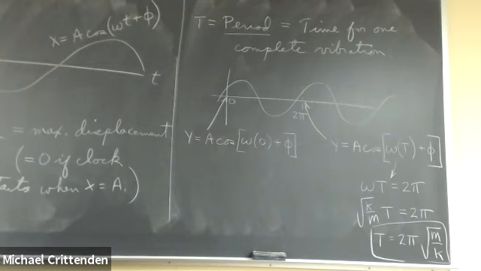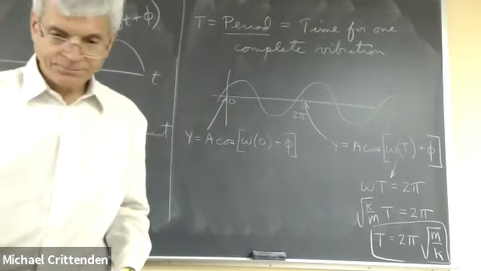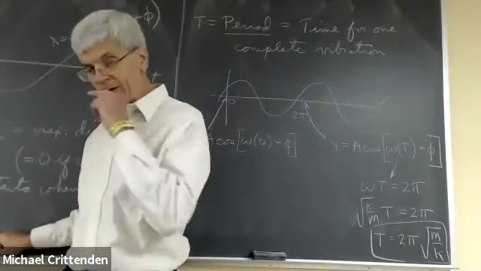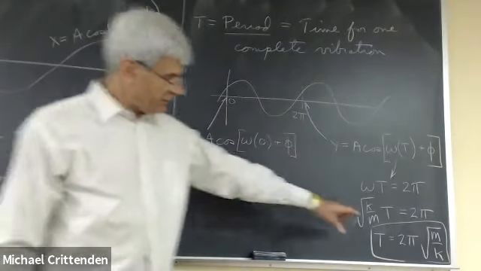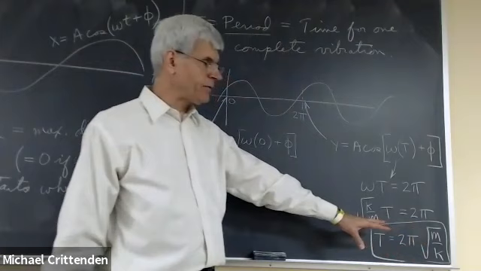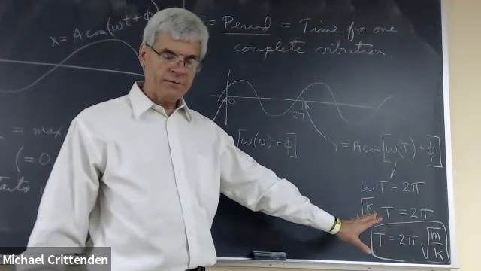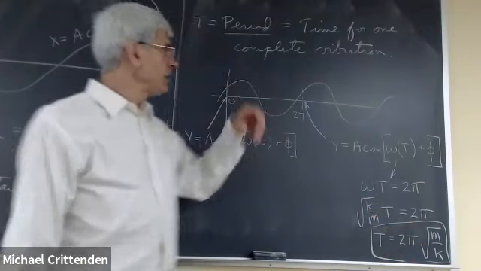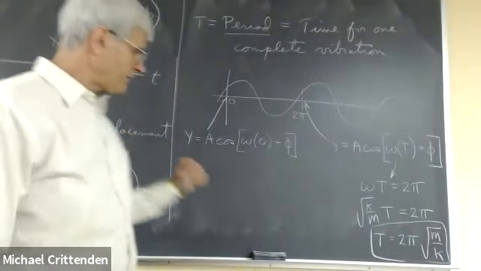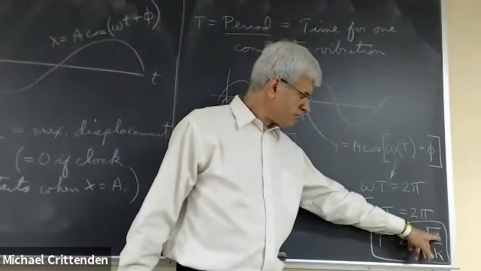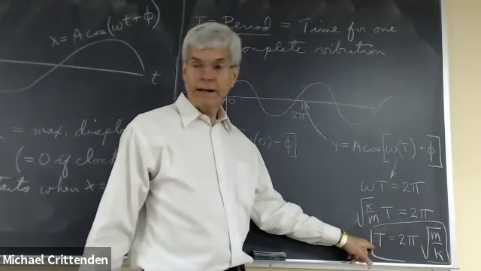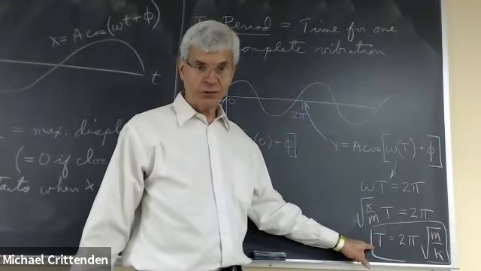Divide both sides by the square root of k, multiply both sides by the square root of m, and that solves it for the period. So the amount of time that it takes this thing to go back and forth once depends on the mass and the spring constant. If you want to look at it from a conceptual point of view, instead of all these equations and graphs, more mass means more time because mass is inertia.